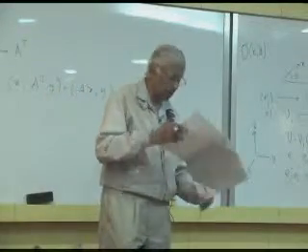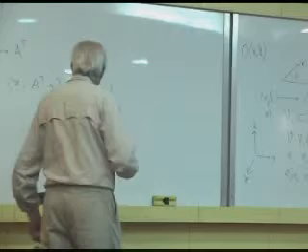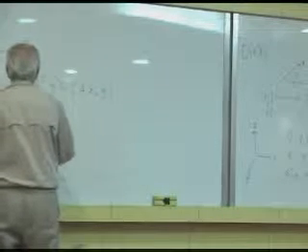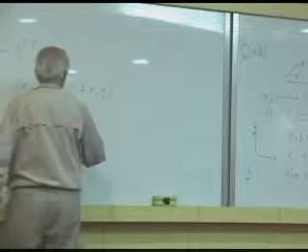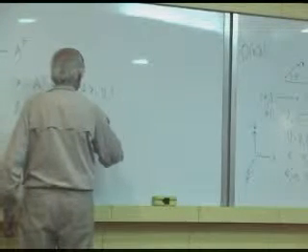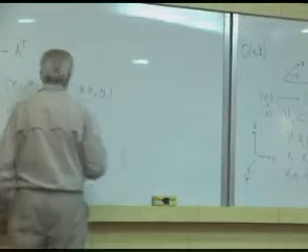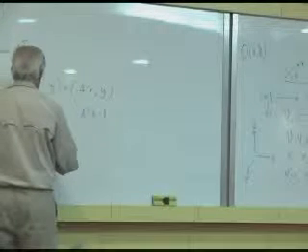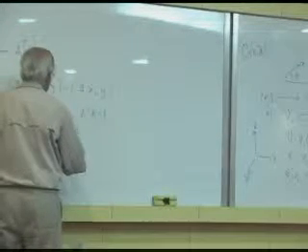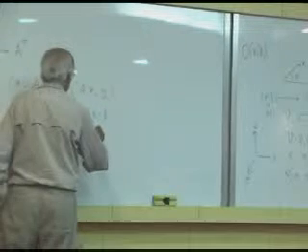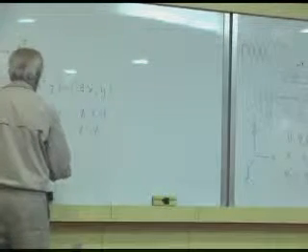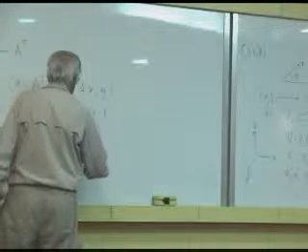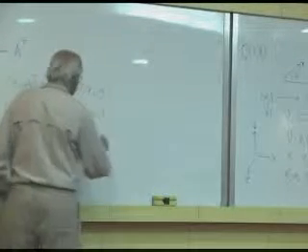For an operator A to be orthogonal means A transpose A equals unity. Symmetric means A transpose equals A. Antisymmetric means A transpose equals minus A.